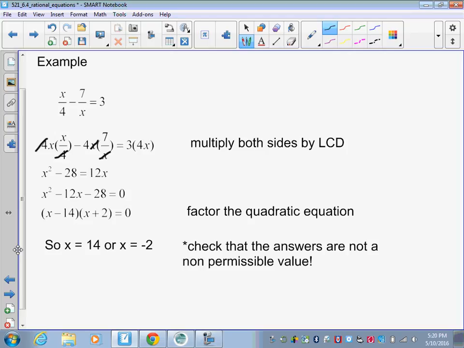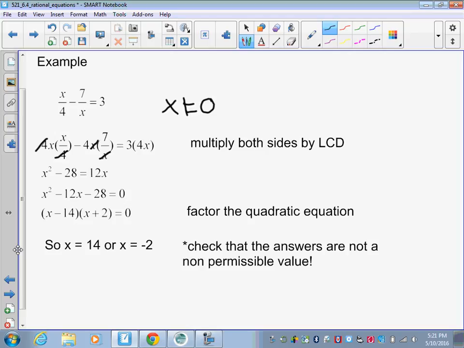We want to make sure that's not a non-permissible value, which in this case is x is not allowed to be equal to 0. Even though those both work, you should always double check by checking your answer to see if it works. 14 divided by 4 minus 7 over 14 should equal 3.